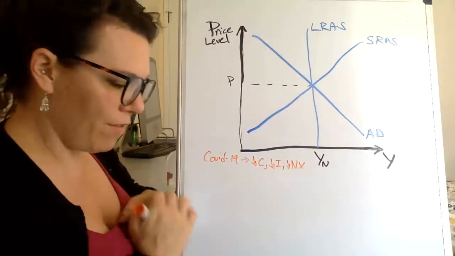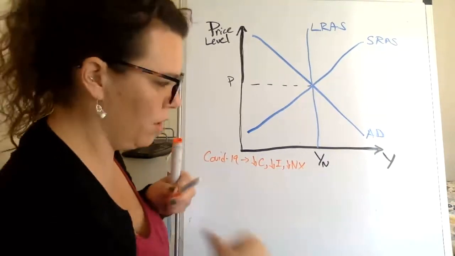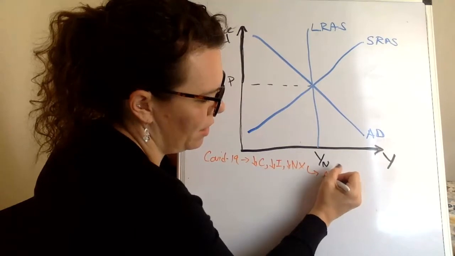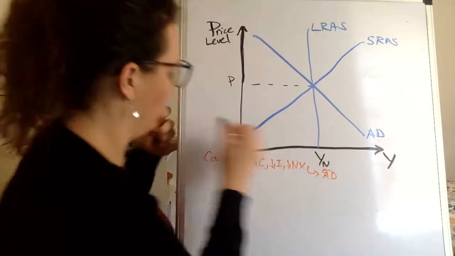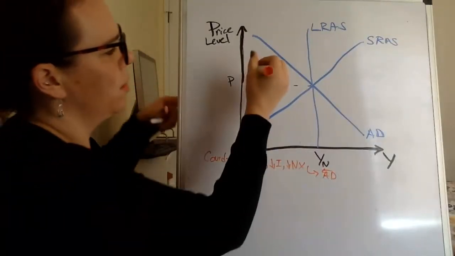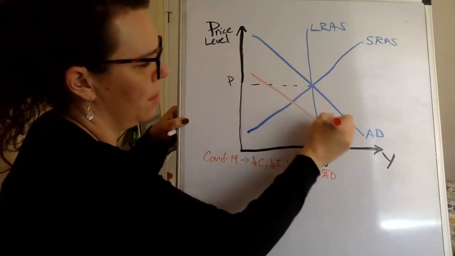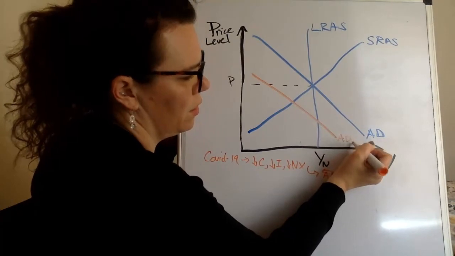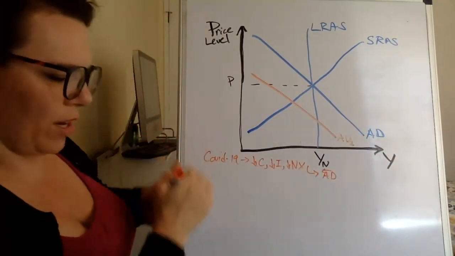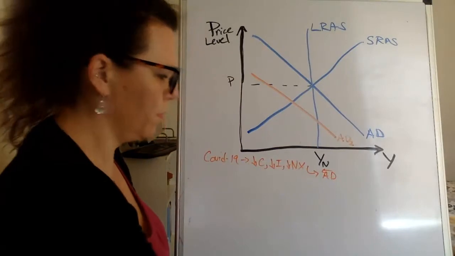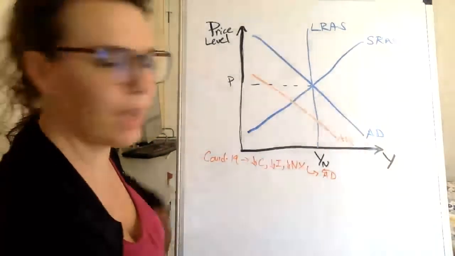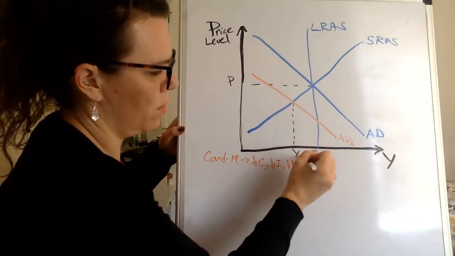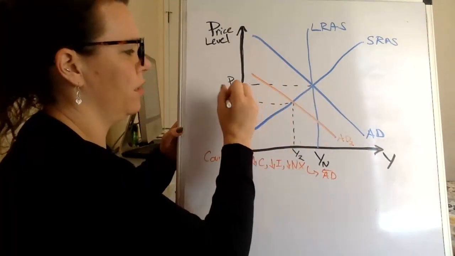All of these are going to have the effect of shifting aggregate demand in, which means we're going to see aggregate demand decline, output decrease, and the price level fall. So now we have a lower level of output than our natural rate of output, and prices decrease.